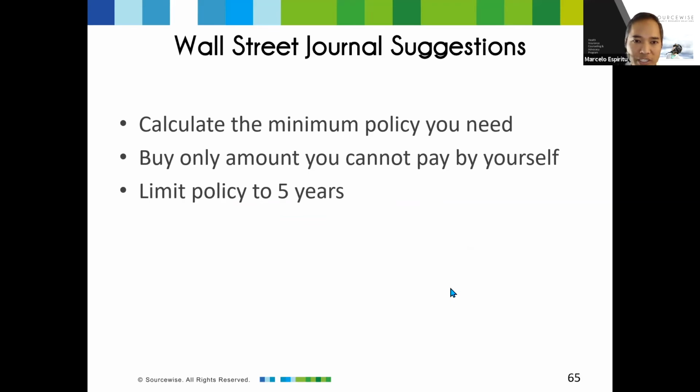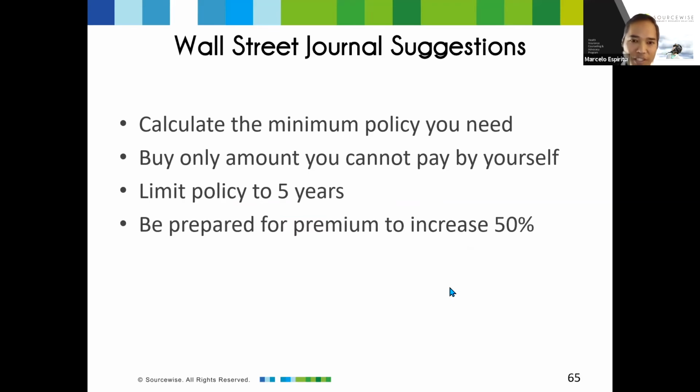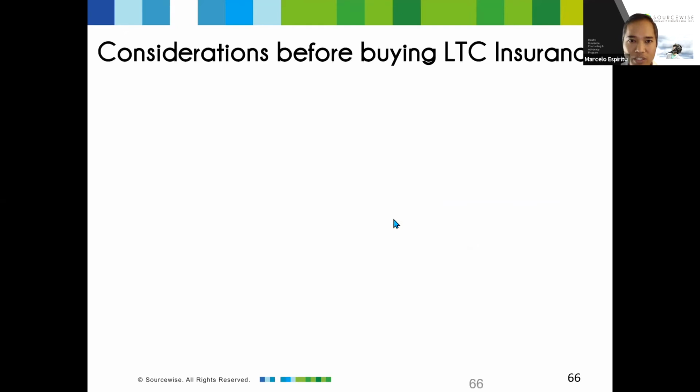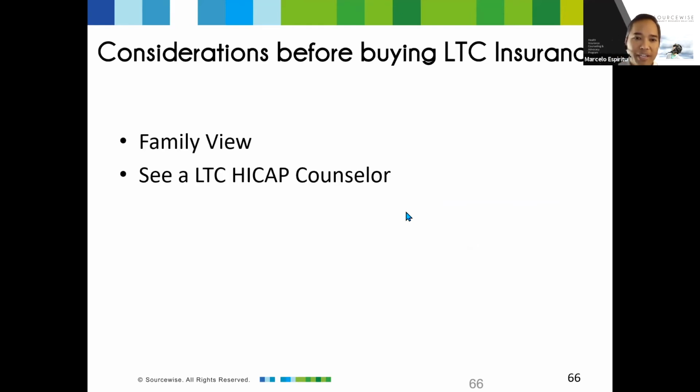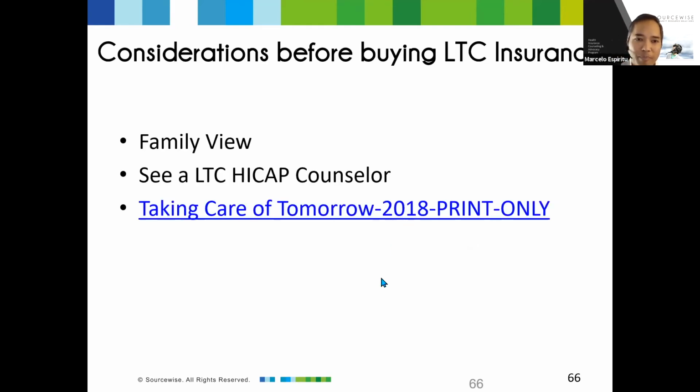The Wall Street Journal says calculate the minimum policy you need by only the amount you cannot pay by yourself. Their suggestion is limited to 5 years, and watch out for these increases. Again, think about the family and talking to your family about this, getting them on board.